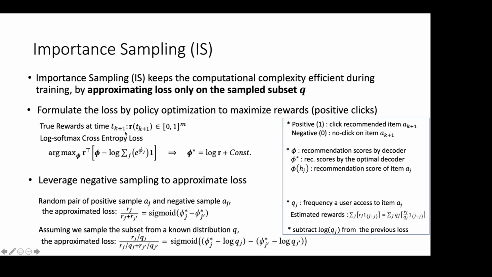So if you write the loss, it's actually the log softmax. This is softmax and log cross entropy loss between the scores, given by, output by the decoder, and its true labels, which in this case is rewards.